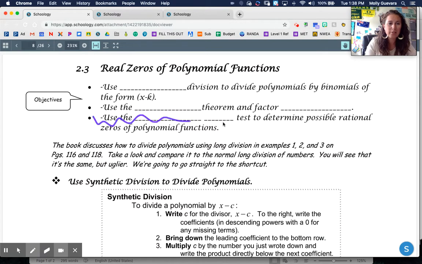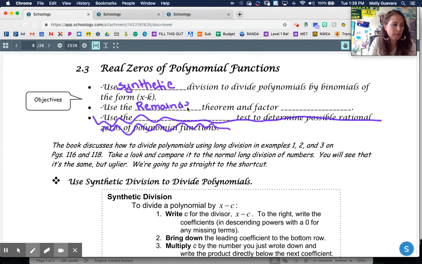We're not going to do this third one, so we can cross that off. Our first objective is to use synthetic division to divide polynomials by binomials in the form of x minus k. And then we're going to use the remainder theorem and factor theorem.